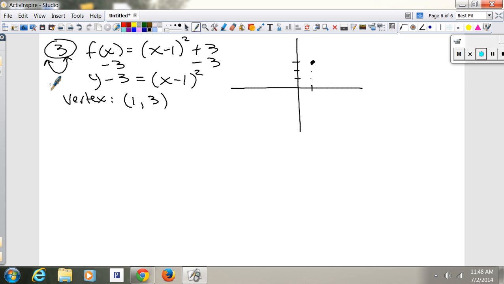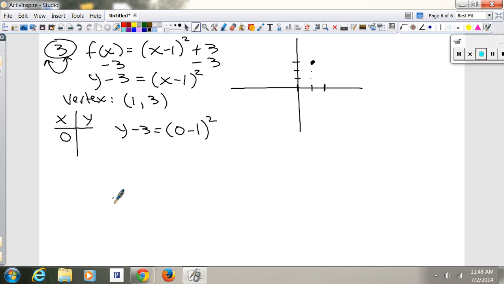So that means I want to plug in a 2 or a 0, either one, and it's going to be above a 3. Our answer should be higher than 3 because it's a U-shaped curve. So let's plug in 0. That's an easier one to plug in. Y minus 3 equals 0 minus 1 squared.